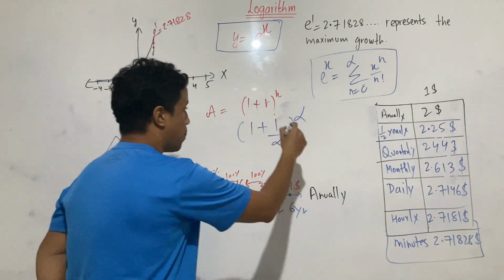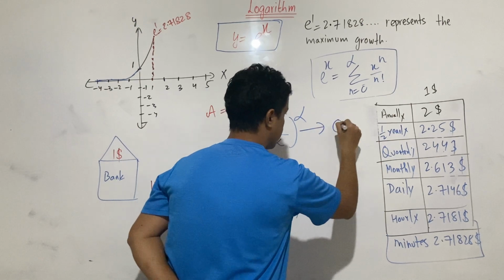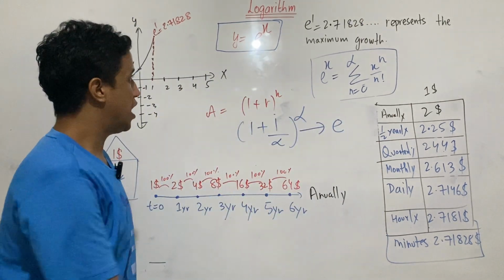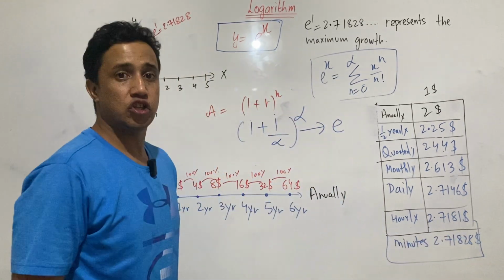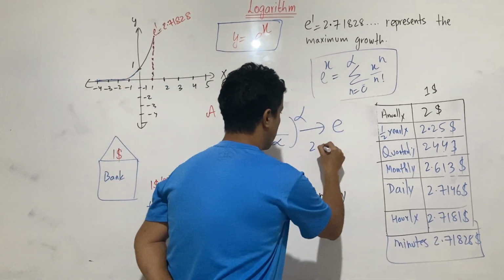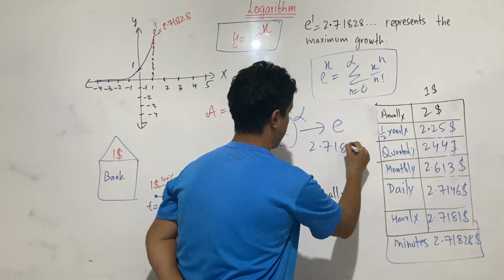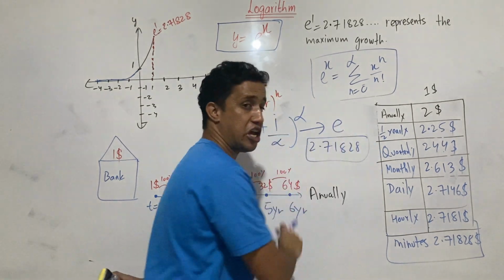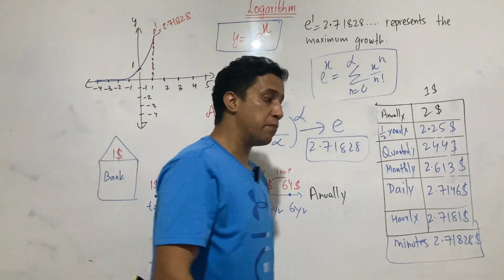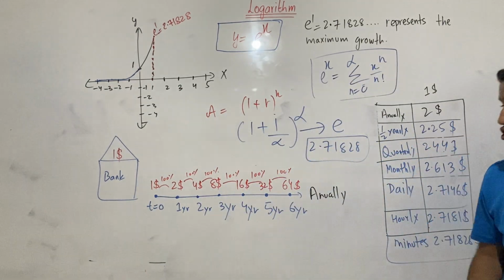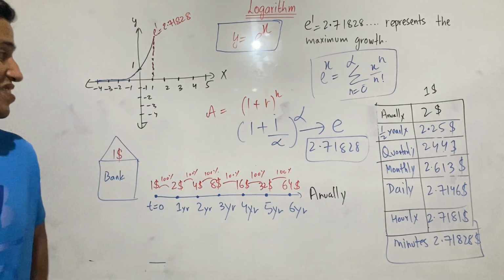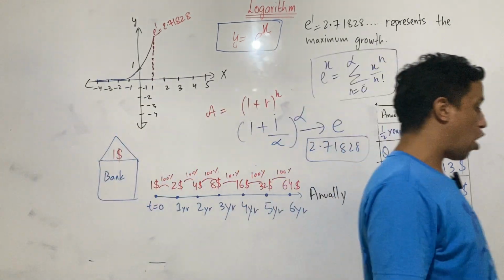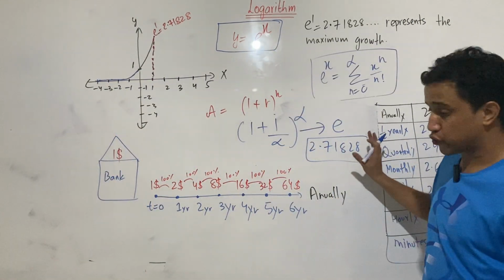This is almost e, this 2.71828. So what does it mean? It means this is the maximum growth with which your money can grow. Now it cannot grow faster than this.